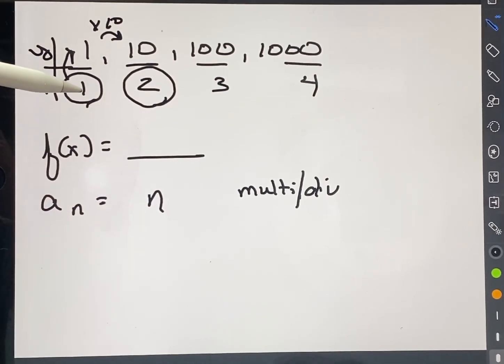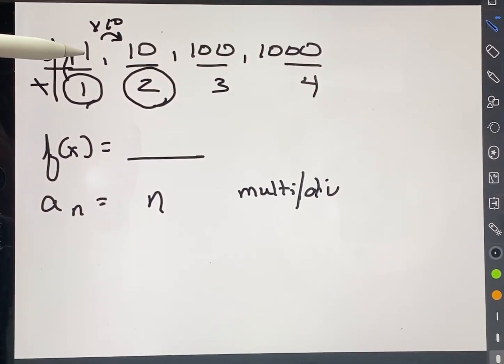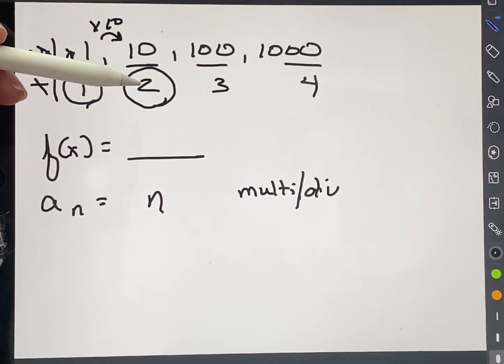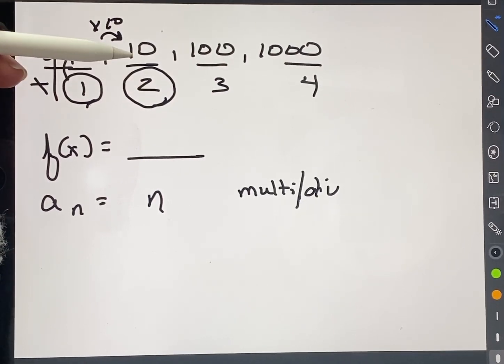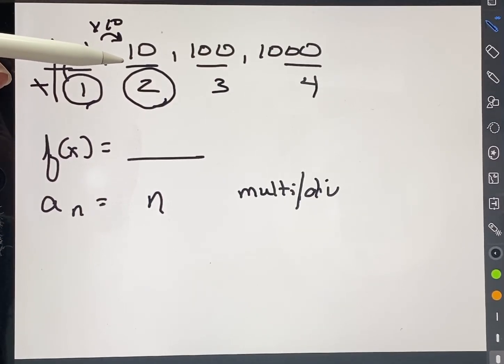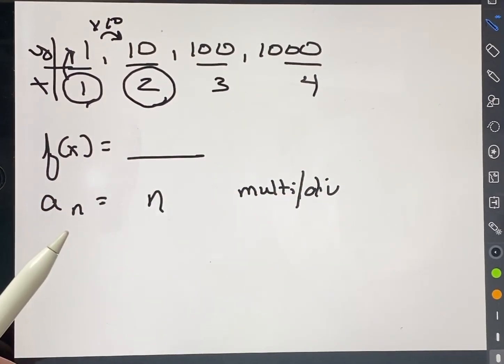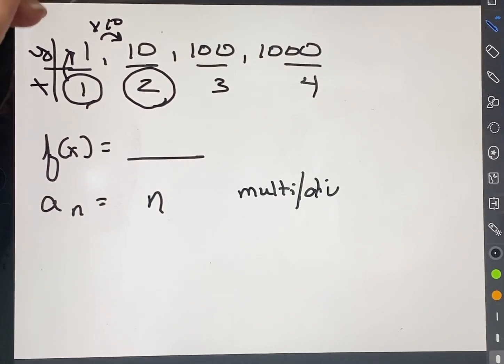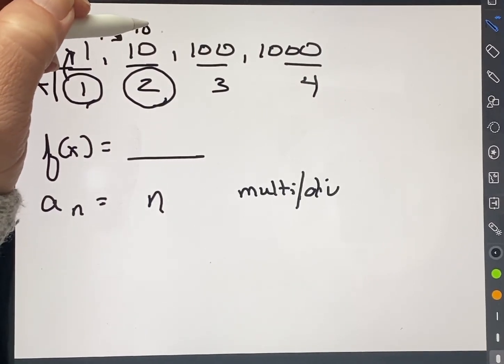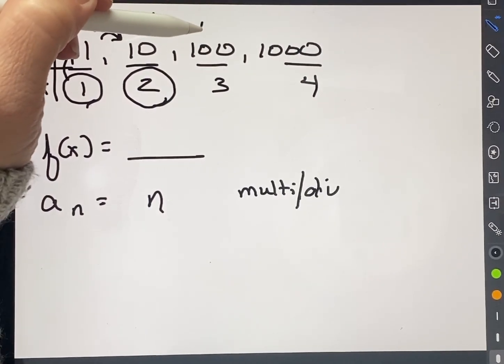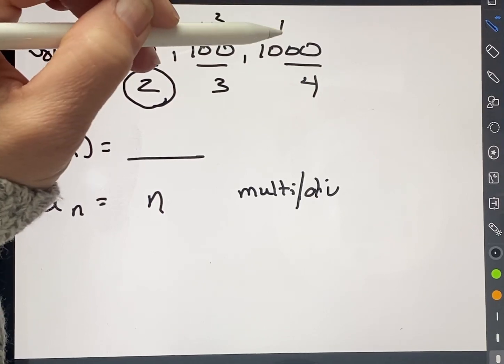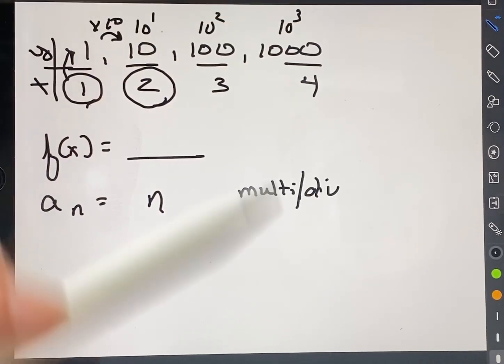So could we say, what times 1 gives us 1? Well, that would be 1. We'd have to make it consistent. 2 times 1 does not give us 10. So multiplying times 1 is not going to work. Could we rewrite our top numbers differently? Let's rewrite our top numbers as 10 to the 1, 10 squared, and 10 cubed.